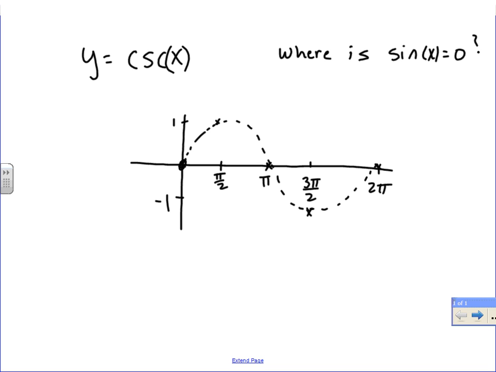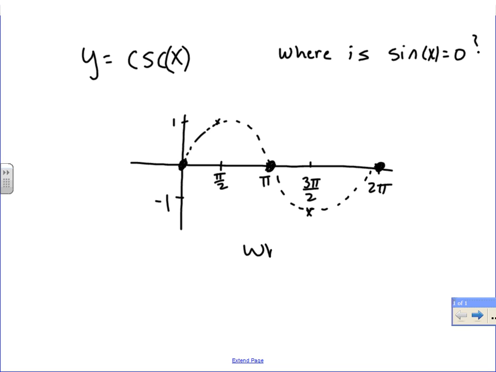That would be at 0, at pi, and then at 2 pi. Now, think of this idea. Cosecant is equal to 1 over sine. And if sine was 0, it would be 1 over 0. So where sine is 0, cosecant is undefined.